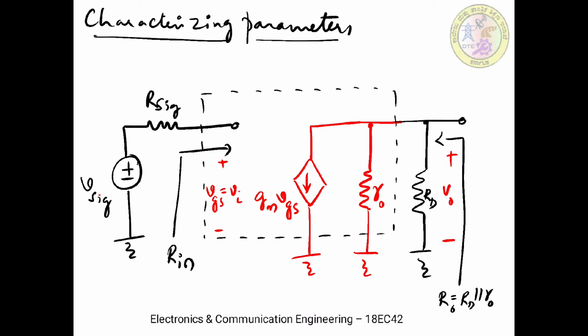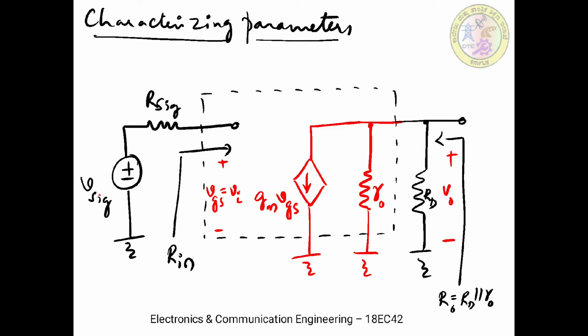Okay, so in the previous session also I have discussed what is the difference between VGS and Vi. VGS is the voltage appearing between the gate and source terminals. Then Vi is a part of V signal. Okay, what is our requirement? Ideally Vi should be equal to V signal. There should not be any loss.